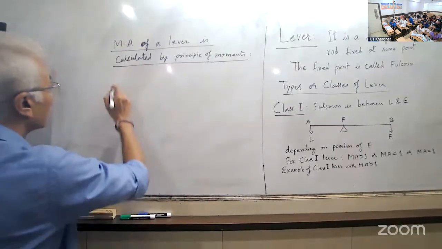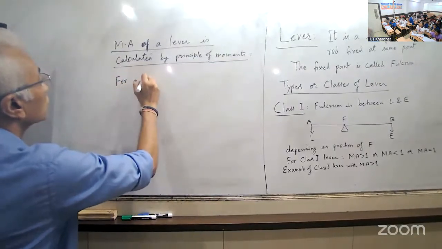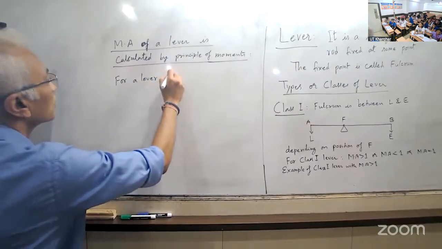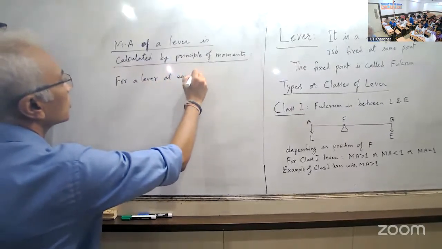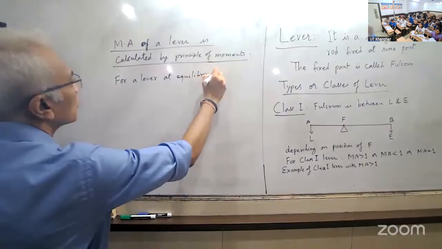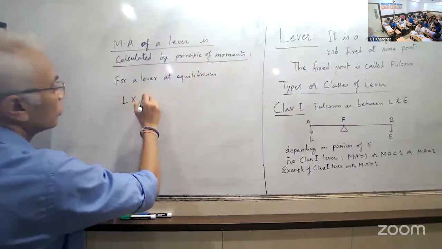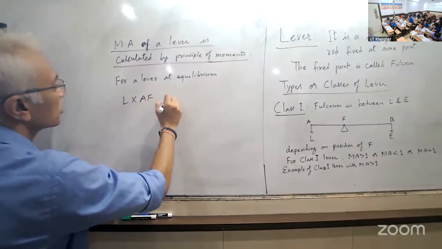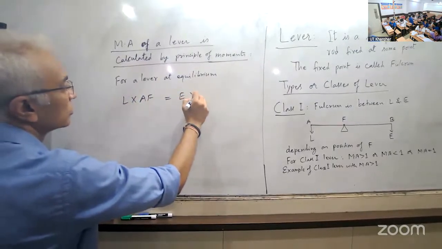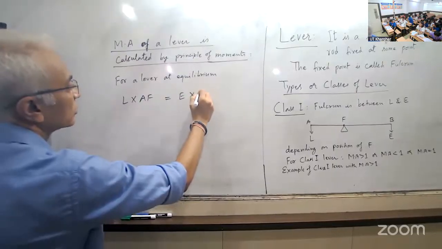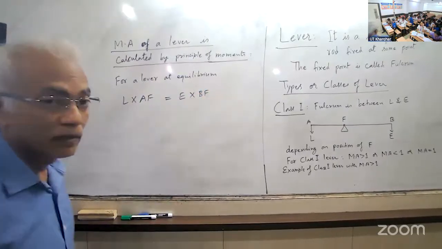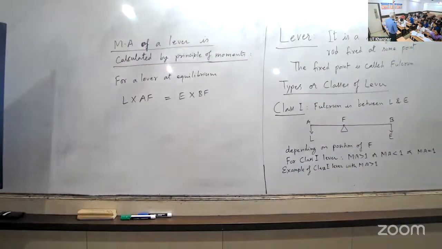For lever at equilibrium, क्या होगा? L into AF must be equal to E into FB.